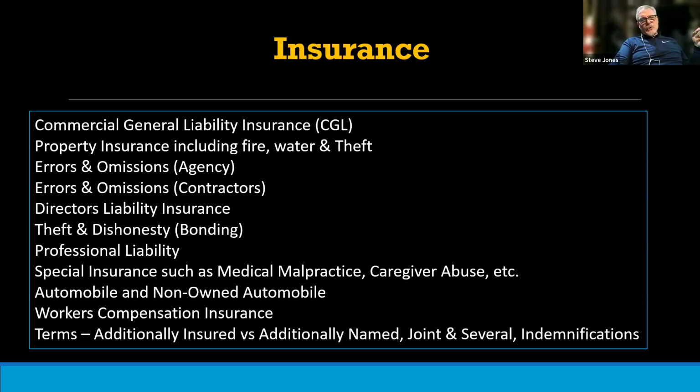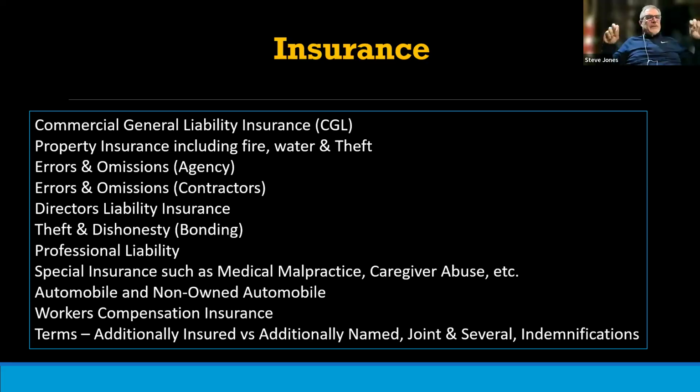And the terms joint and several, you'll hear the terms joint and several, meaning that you can indemnify or be liable. Indemnify means that we're going to protect them with the insurance, or they could be liable, they could be responsible for damages jointly or severally.